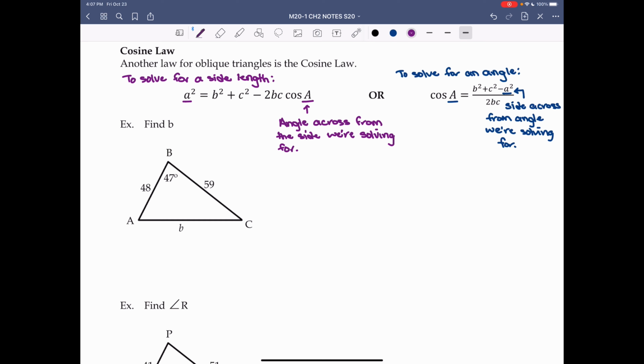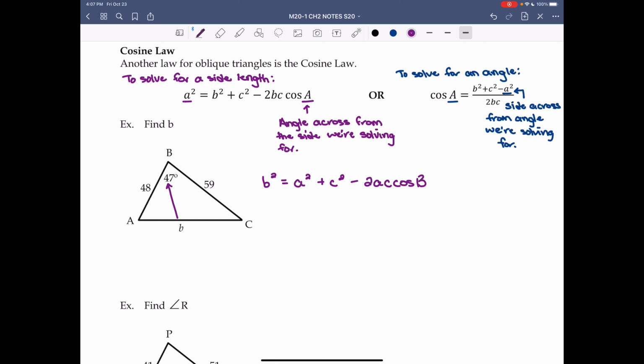Okay, let's practice. We want to find side b. We have the angle across from side b, and we have the other two sides. So in this case, I want to write my formula starting with b squared. Then I would have b squared equals a squared plus c squared minus 2ac cos B, because I'm solving for side b.